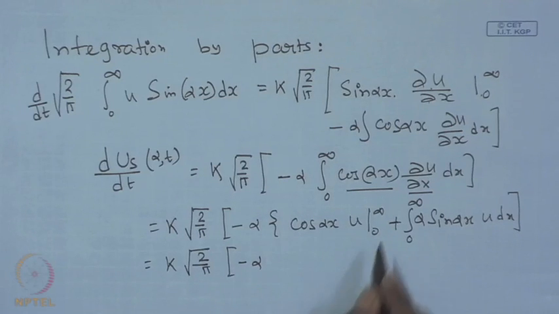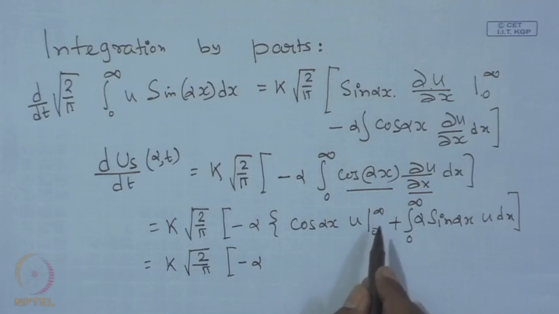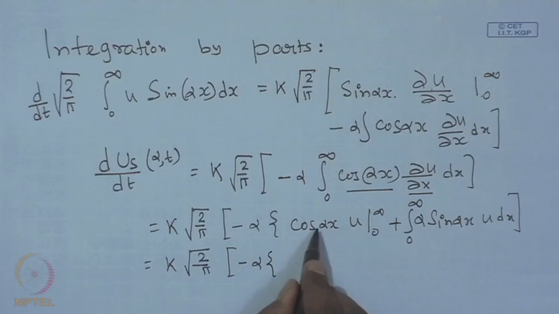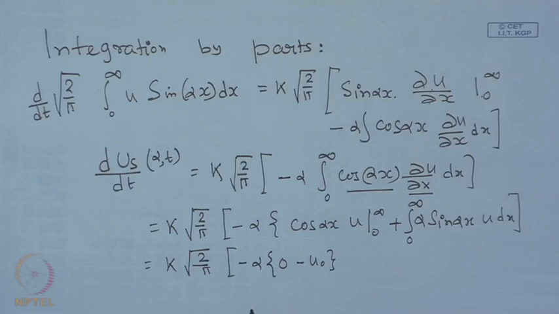When you put x is equal to infinity, then cosine alpha infinity and u at infinity, if you remember the boundary condition, it will be equal to 0. If you put the other boundary condition, cosine 0 is 1 and u at x is equal to 0 is u naught.